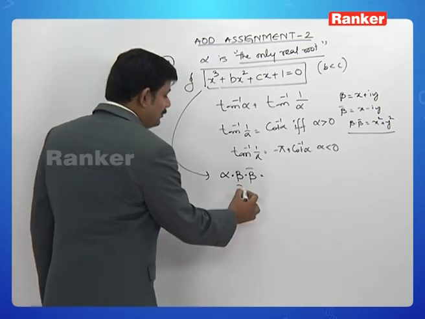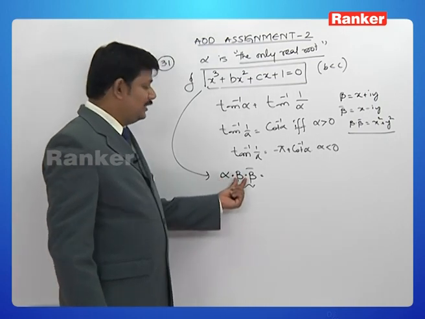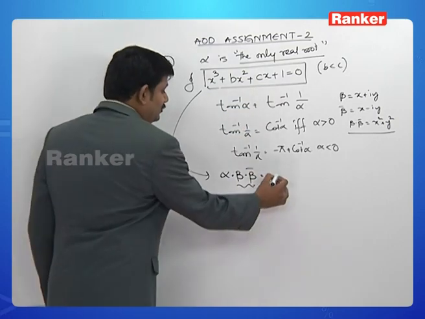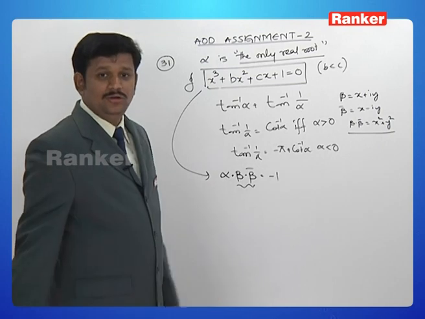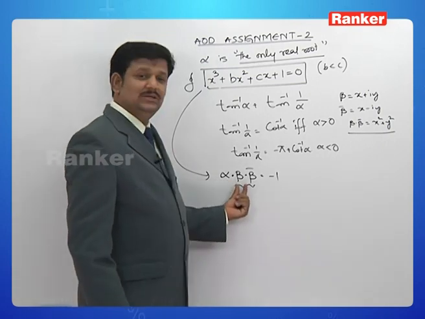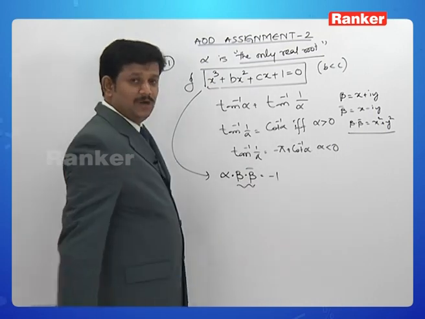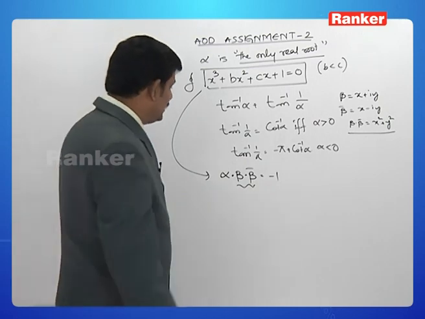And the product of the roots, alpha into beta into beta bar, is minus 1. For a cubic equation, the product of the roots is given by minus of the constant term divided by the coefficient of x cube. So, alpha times mod beta square is equal to minus 1, and mod beta square is always positive. So, alpha has to be negative.